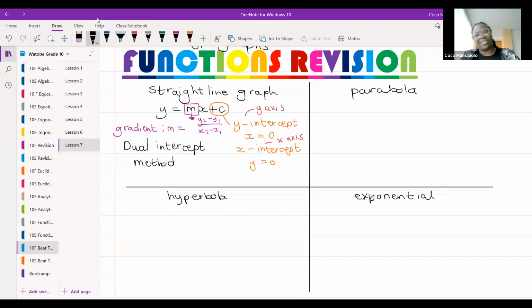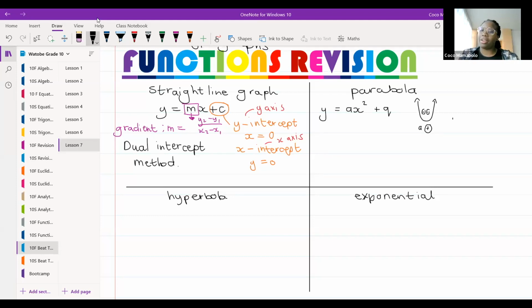When it comes to the parabola, we know that the standard form of a parabola graph is y is equal to ax squared plus q. If our graph faces up like that, a smiley face graph, then that means that a is positive.